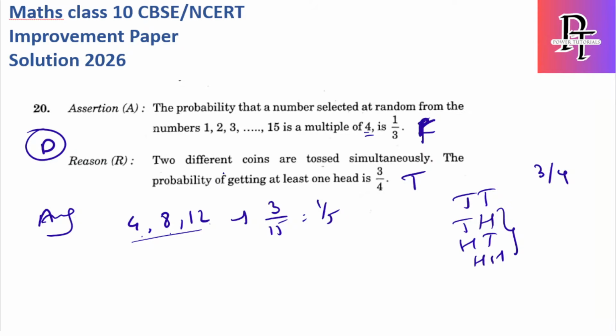Whereas R, two different coins are tossed simultaneously. The probability of getting at least one head is 3 by 4, because the outcomes are TT, TH, HT, HH, and at least one H is 3 out of 4. So R is true. A is false and R is true, so the option is D. Okay, so the 19th is C and the 20th is D.